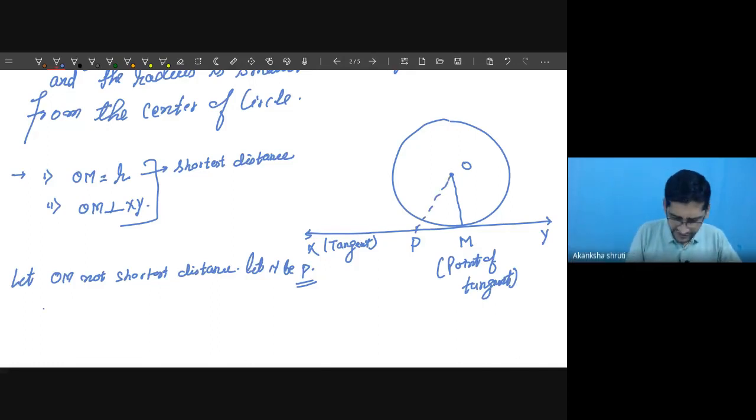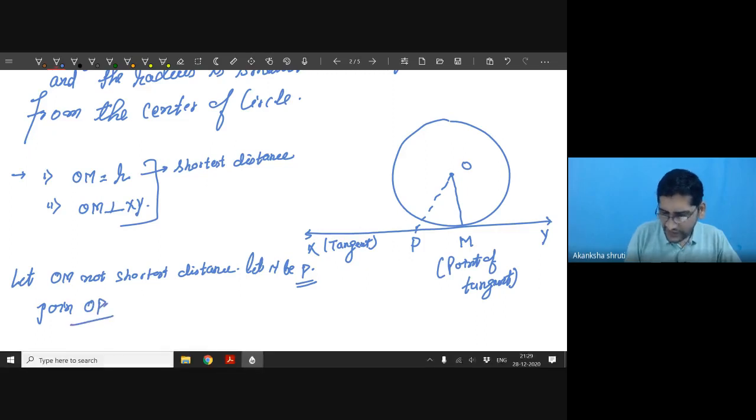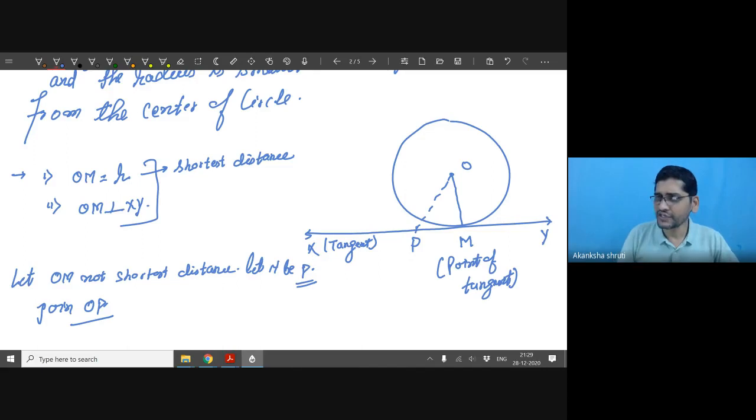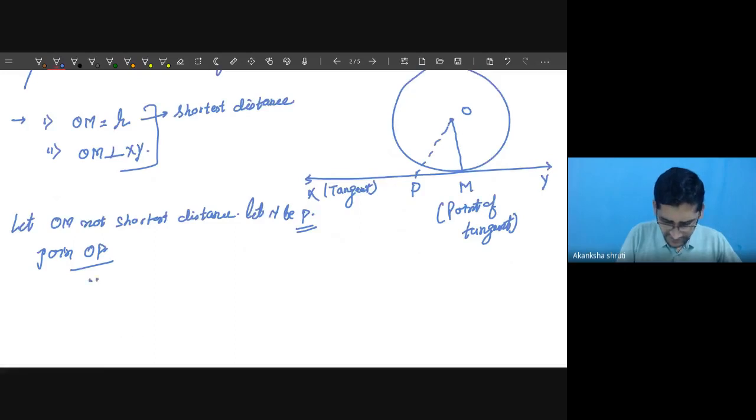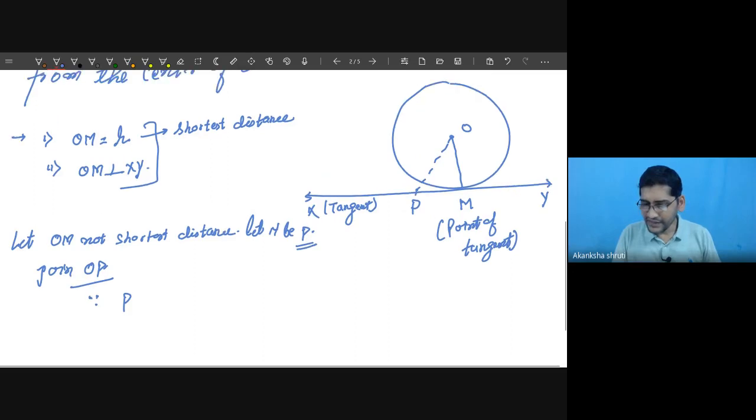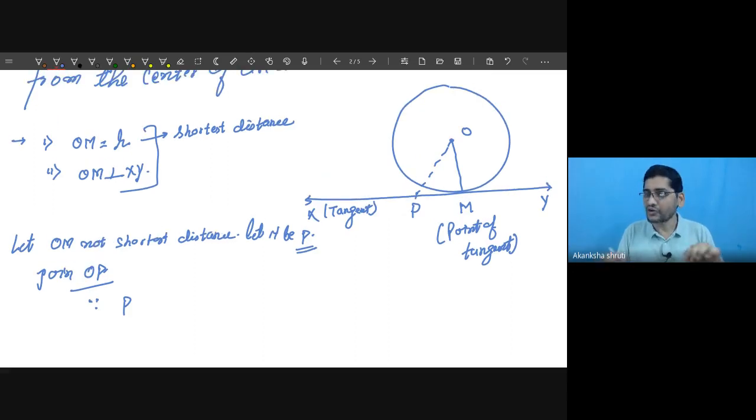Observe it. Now we have to understand the situation of this P: whether it is inside the circle, on the circle, or outside the circle. There are three possibilities. Here we are observing P is outside the circle.